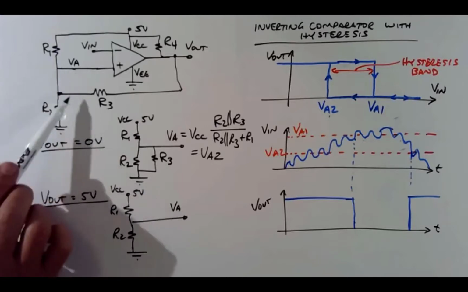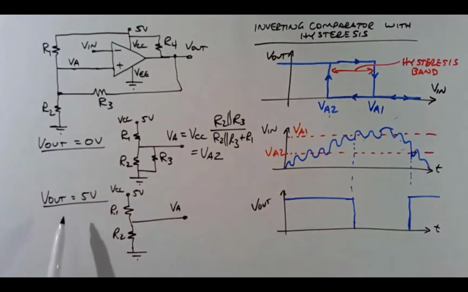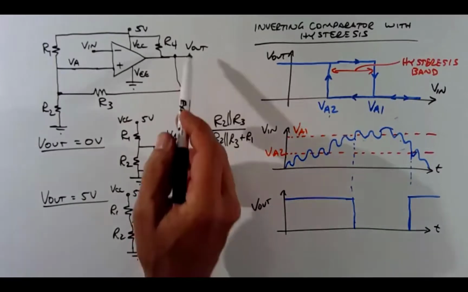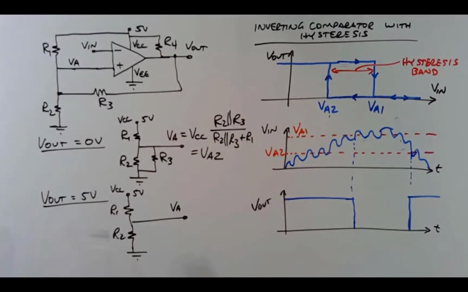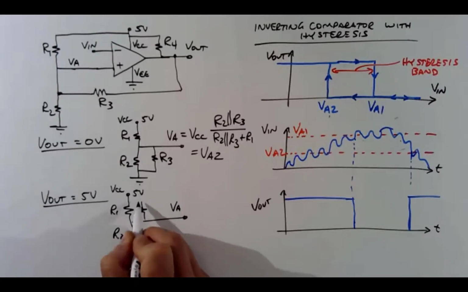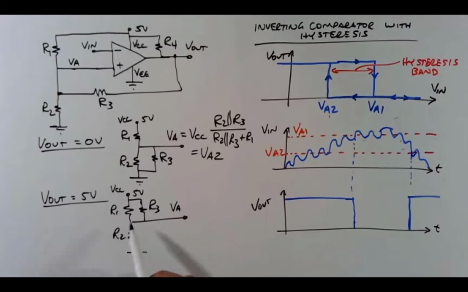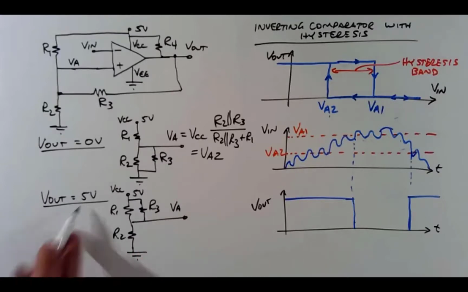It connects to the VA node, and V out. But at this point, V out is 5 volts, so V out is high. So I want to connect R3 between VA and 5 volts. So now electrically, I've moved R3 up to the top here instead of at the bottom. Just electrically, R3 is connected to 5 volts instead of 0 volts, because V out is high here.